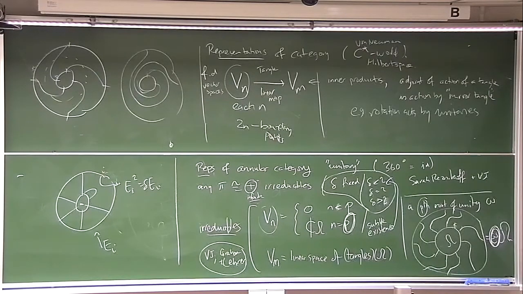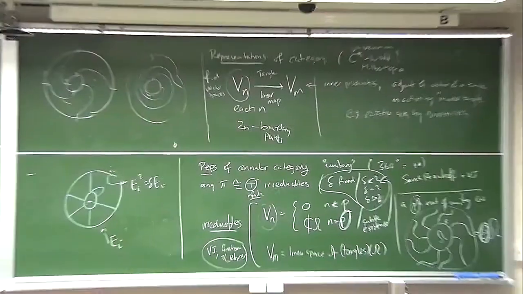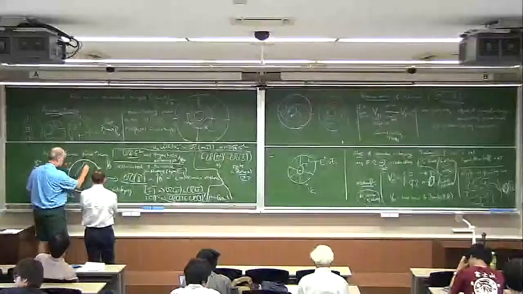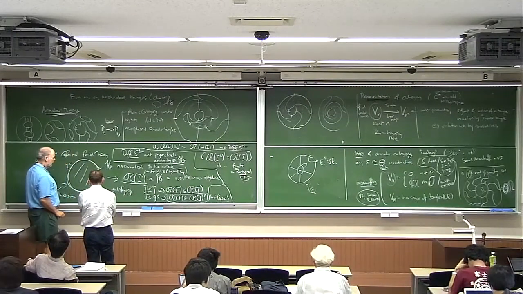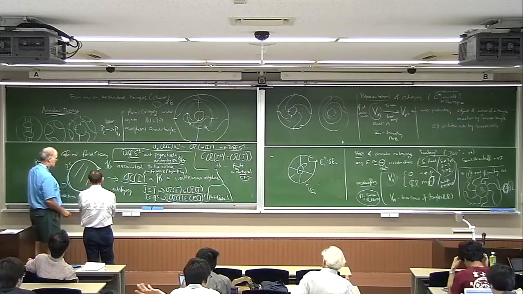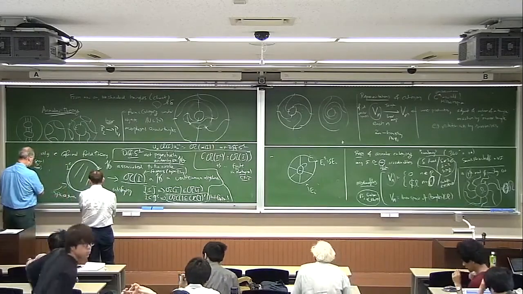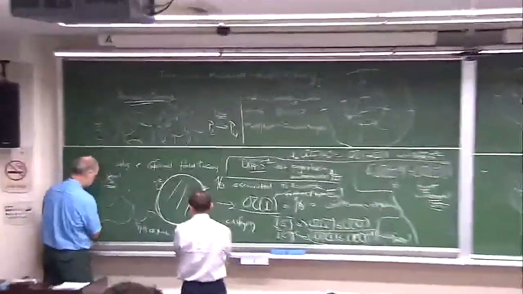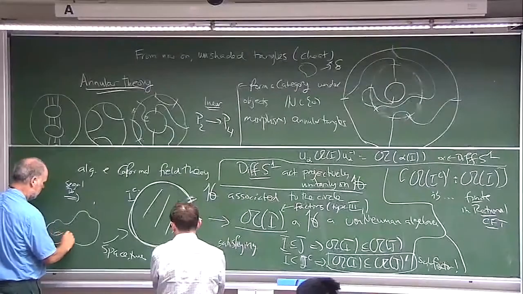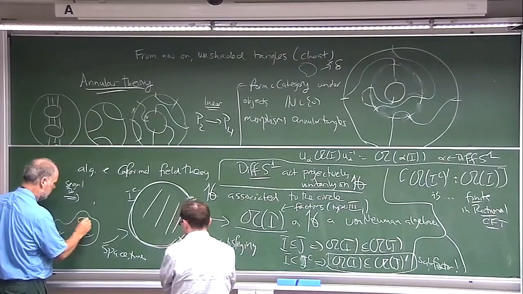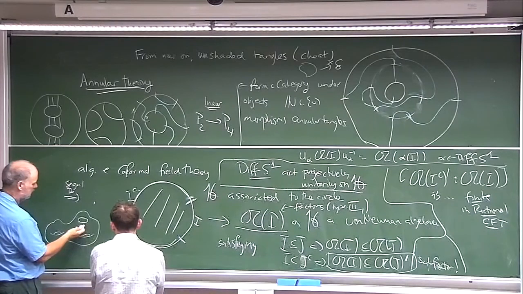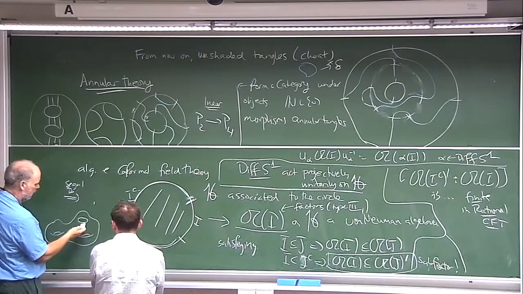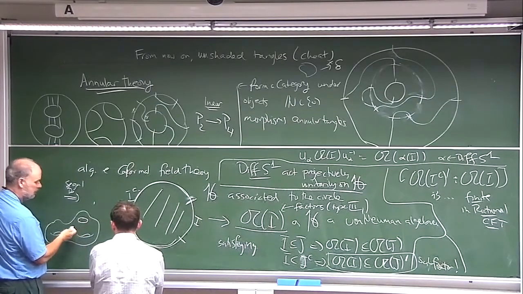This is very simple. We're talking about this. Inside this, we're supposed to have Hilbert spaces, and in general, if you have a surface with boundaries, this is supposed to be an operator from a tensor product.